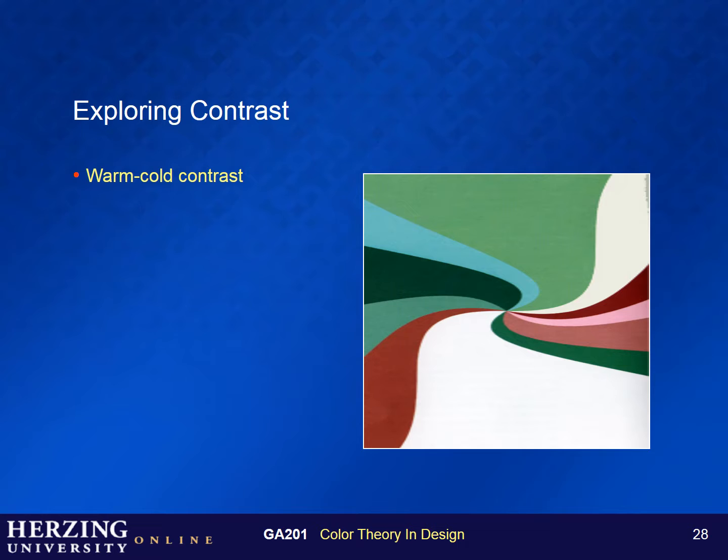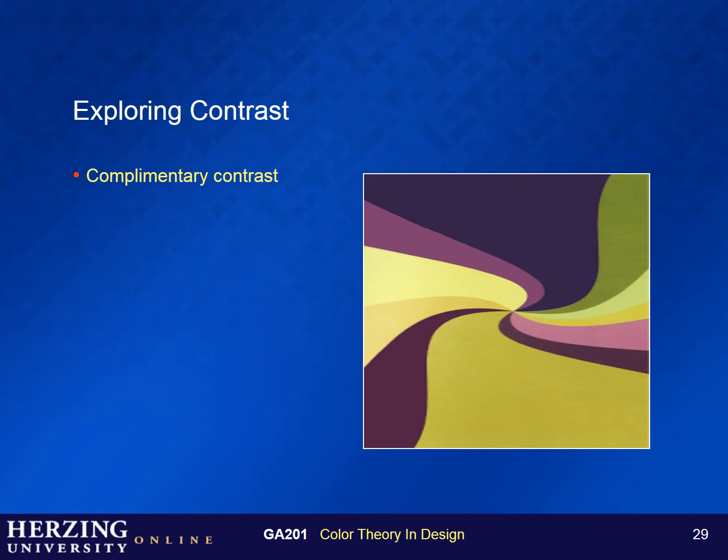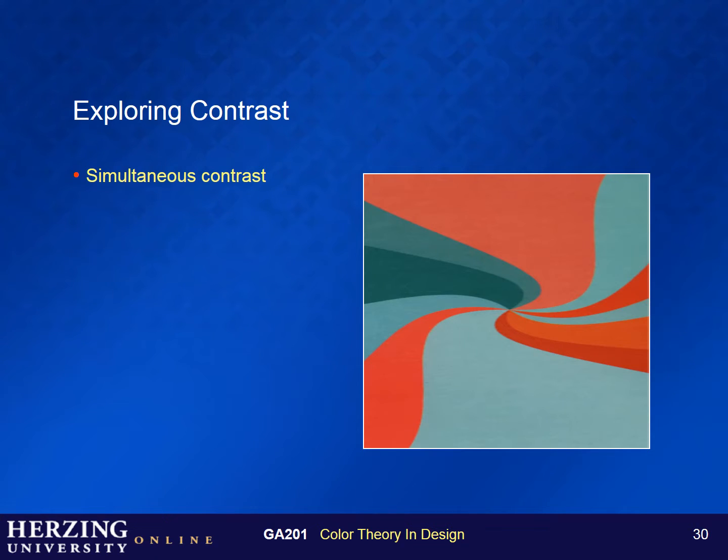Warm-cold contrast, juxtaposition of hues that are considered warm or cool. Complementary contrast, the juxtaposition of hues opposite each other on the color wheel. Simultaneous contrast, the contrast formed when adjacent hue boundaries perceptually vibrate as they optically mix.